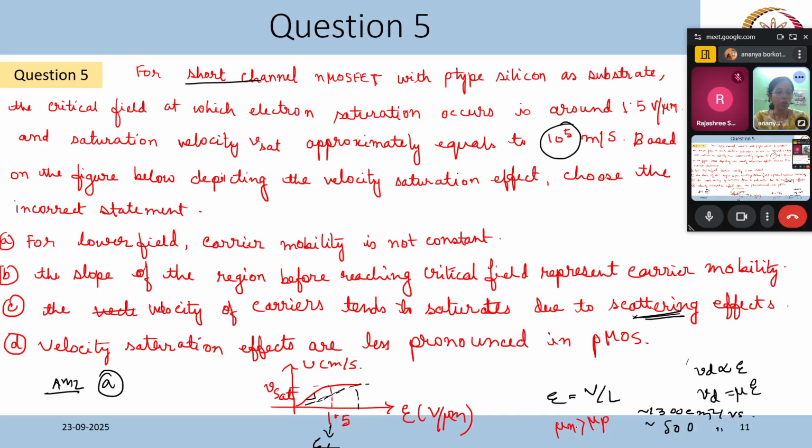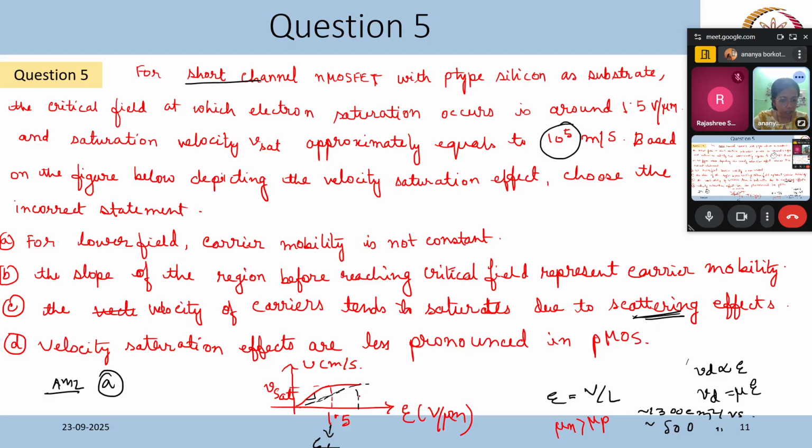What is mobility? Basically the slope in this linear region. If the slope is more, mobility is more. If this given graph is for NMOS, for PMOS, because the mobility is less, the slope will also be less. So the graph will look like this.